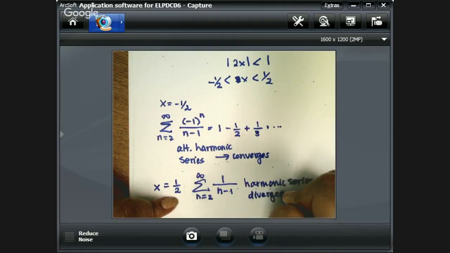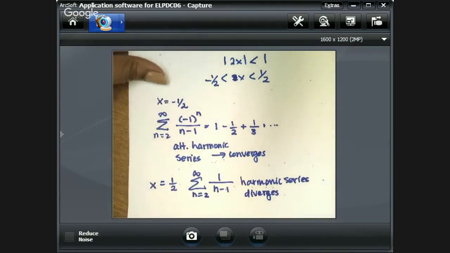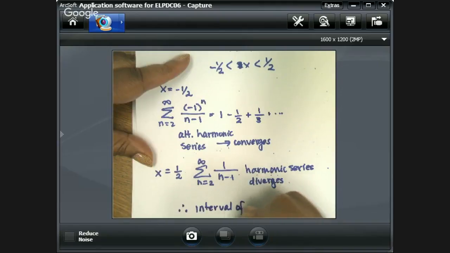Therefore, the answer to the question, the interval of convergence is C, -1/2 is less than or equal to x, which is less than or equal to 1/2.